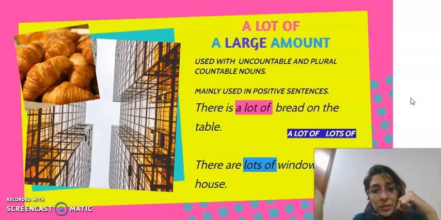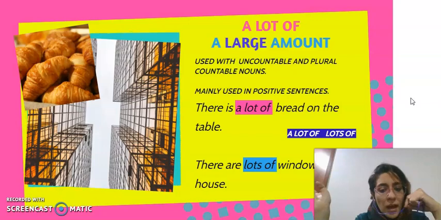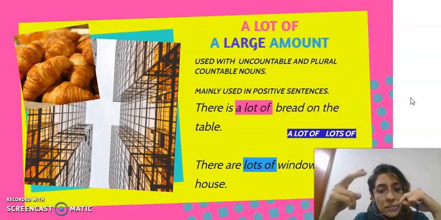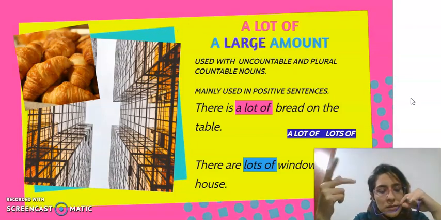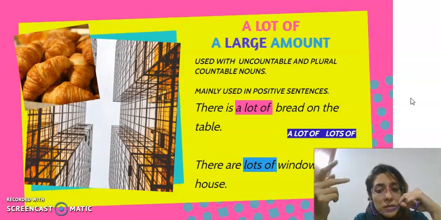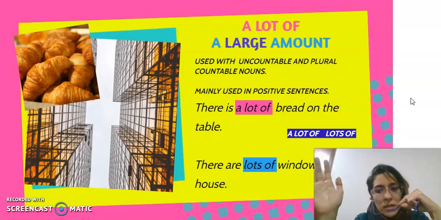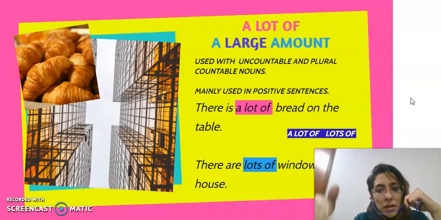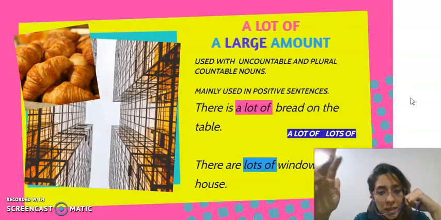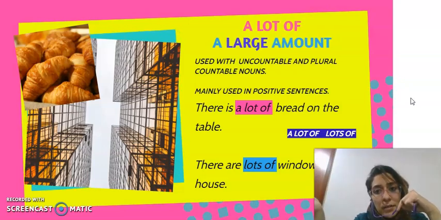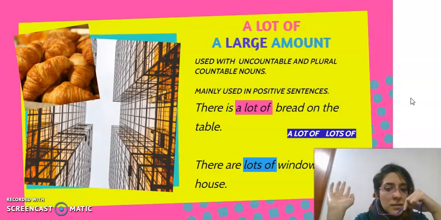For example, there is a lot of bread on the table, and there are a lot of windows in the house. We have these two examples because a lot of and lots of are the same. It's the same meaning, you can use it in both sentences. You can change it if you want. There is lots of bread on the table and it's the same meaning.